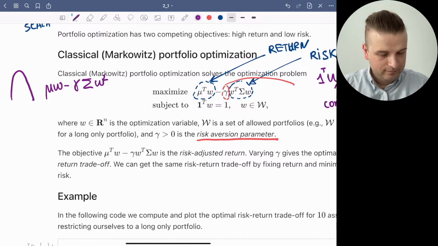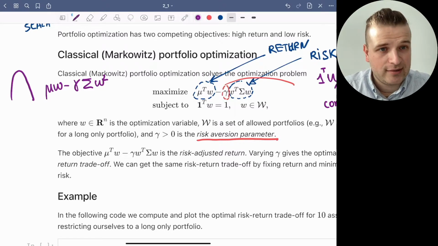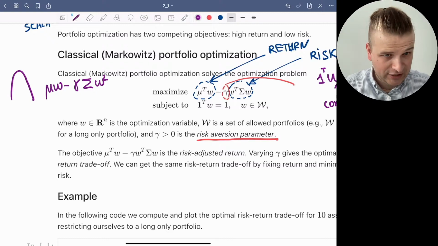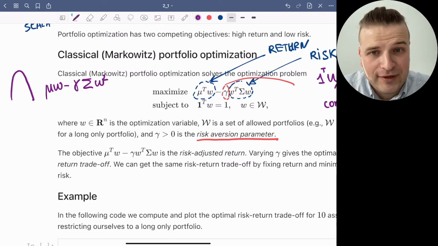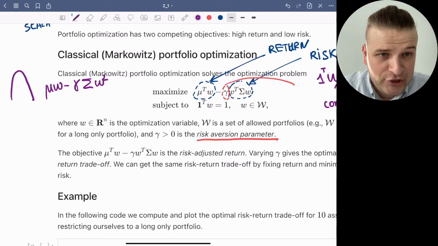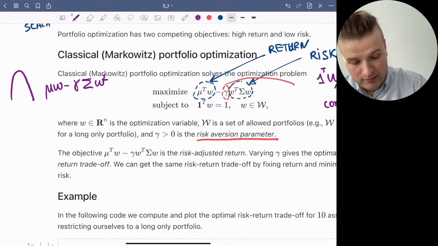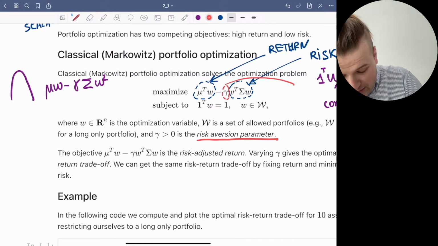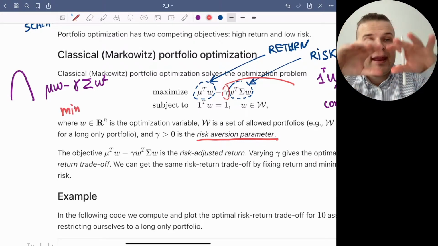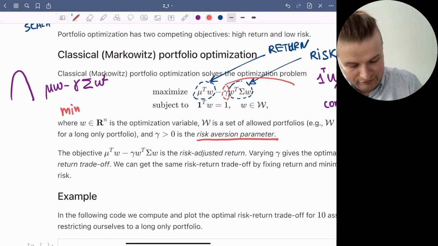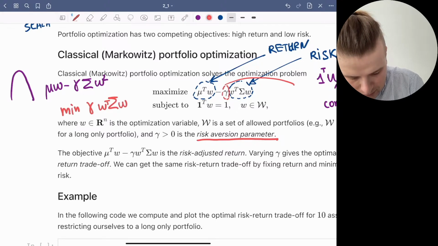And is this function convex? Actually, no, but this function is concave, and we have a maximization problem instead of minimization, and we can convert it to a minimization problem. For example, if we minimize the negative of our objective function, which is minimize the risk minus return.